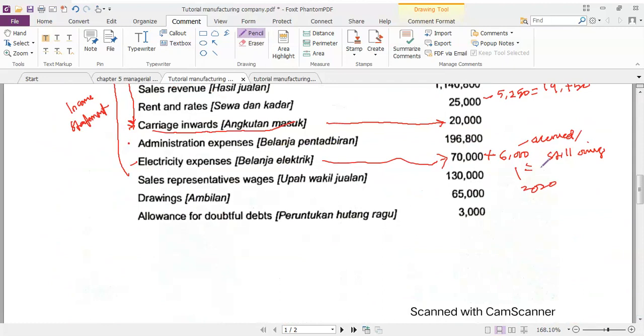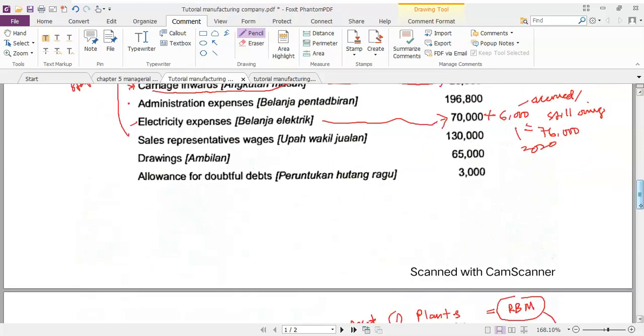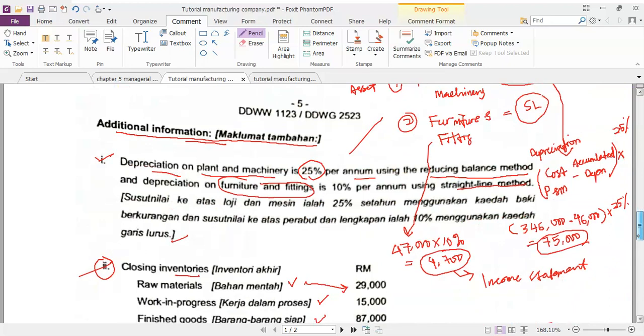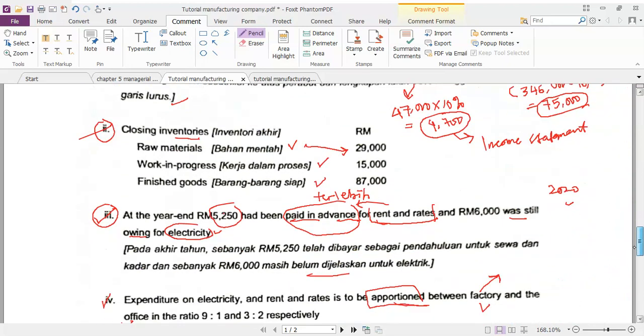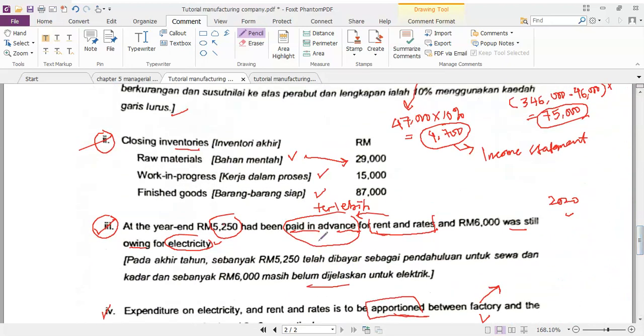76,000. Okay. So total amount, the new total amount, you should notice here. You must find out the new amount of expenses after you take into consideration whether it is paid in advance or still owing ataupun accrual.